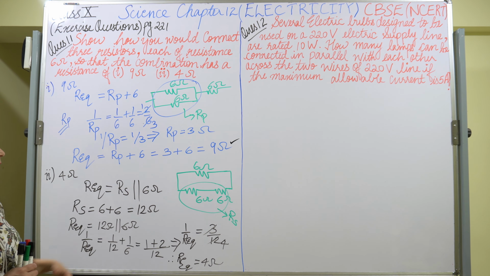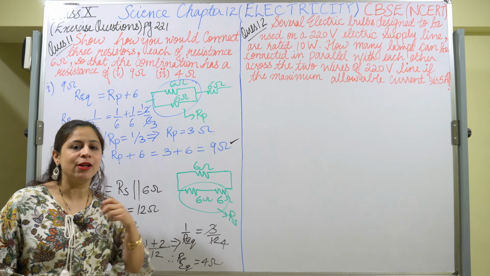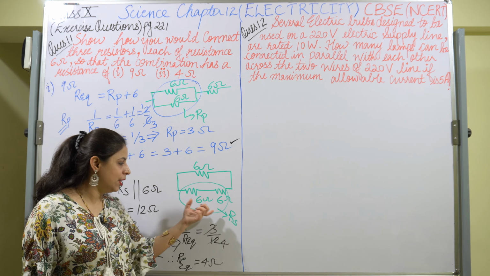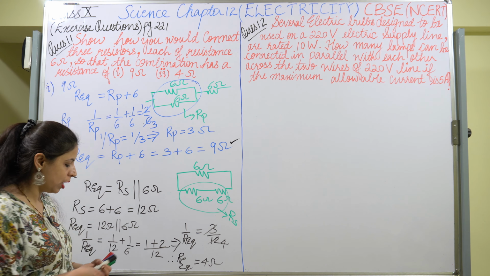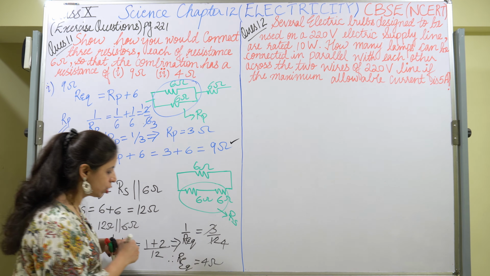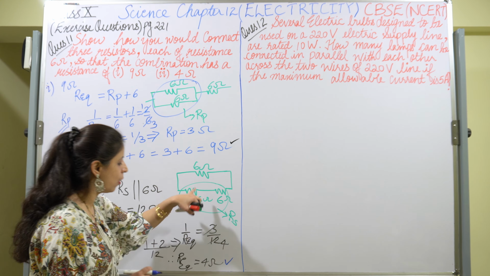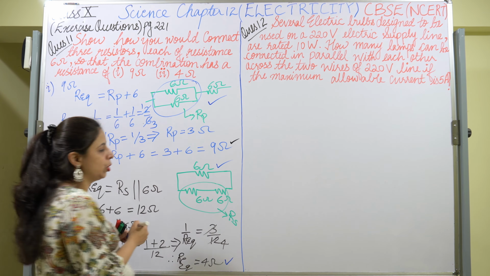And to get 4 ohm, the 2 resistors of 6 ohm should first be connected in series, and then connected in parallel with the left out third resistor. So these combinations are appropriate according to the question.